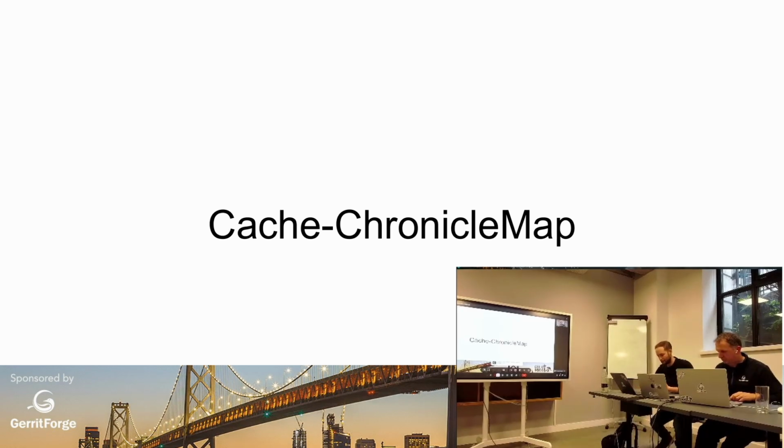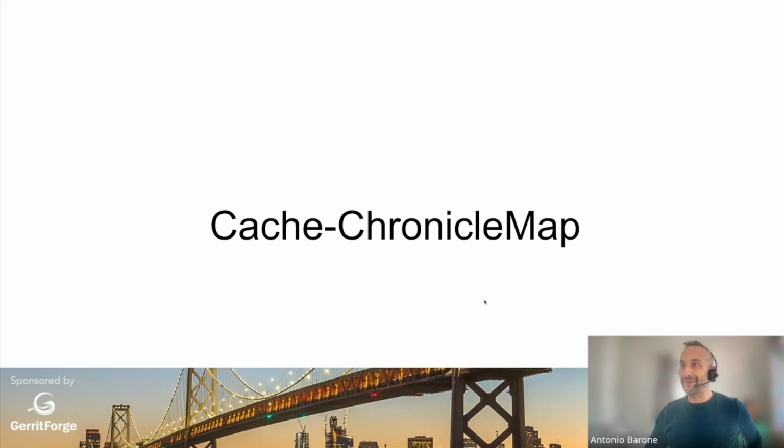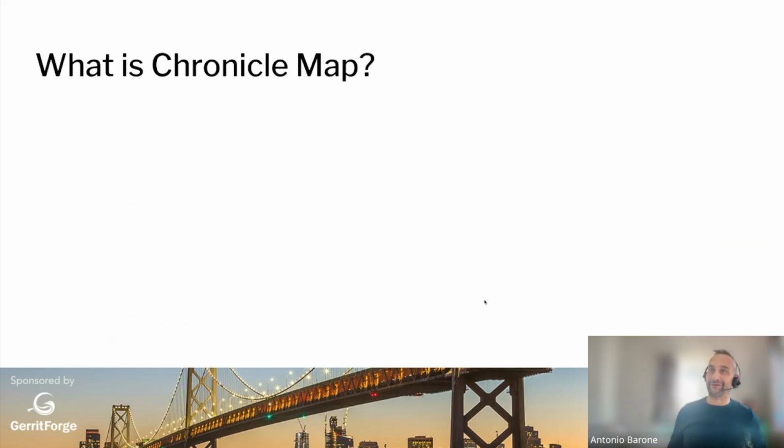All right, cool. So maybe let's start from the obvious. What is ChronicleMap? Not many of you probably have heard this name before. Certainly we didn't before we started investigating this. We wanted to find a good alternative for H2.